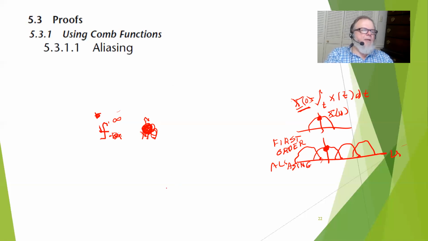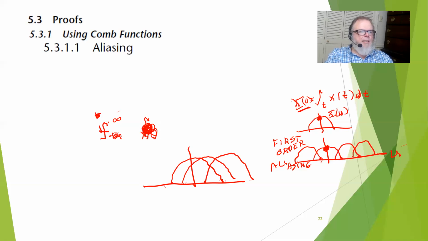We can have higher order aliasing. Higher order aliasing occurs when sampling is so slow that not only the first replicated spectrum, but the second replicated spectrum comes in and overlaps the first order spectrum.